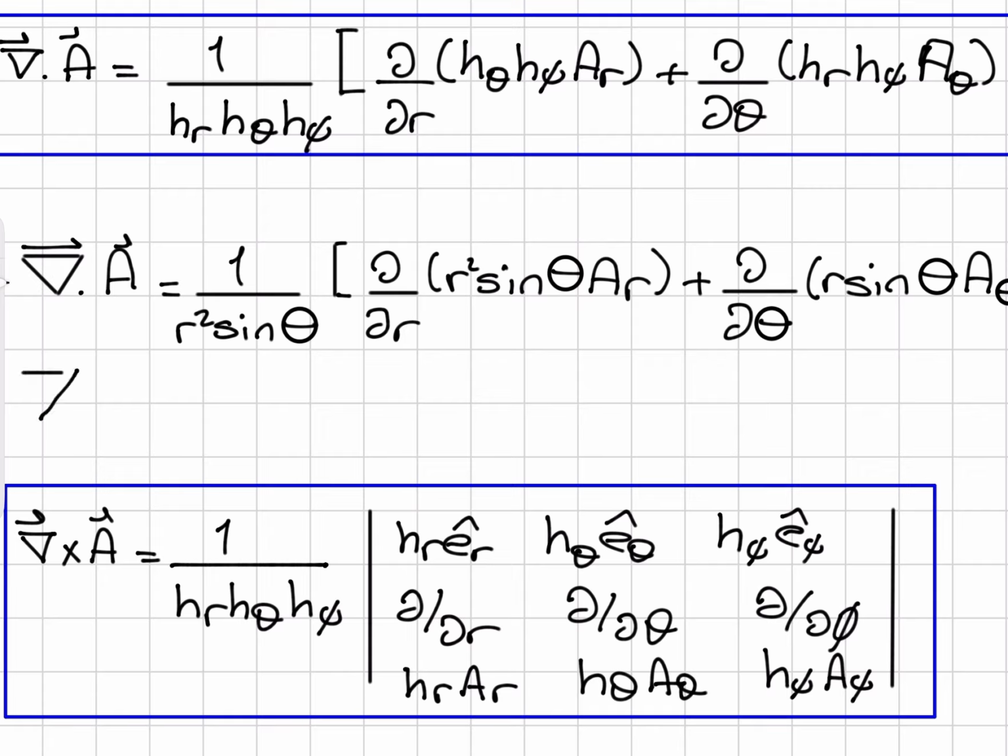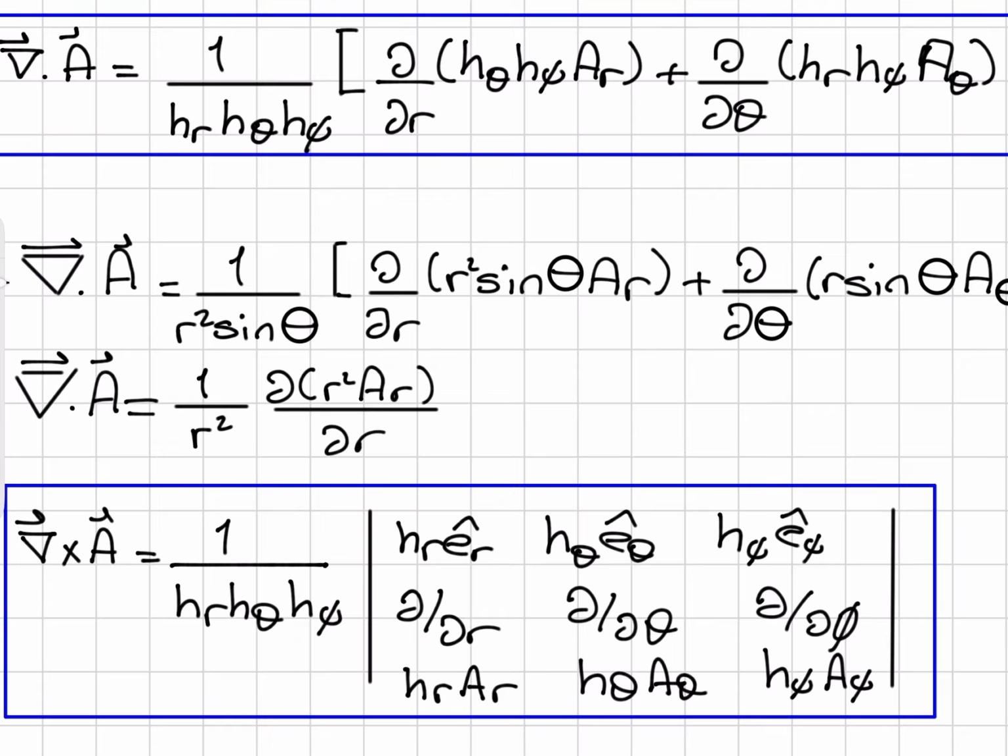divergence of A is equal to, the r derivative doesn't affect the sin theta part, so that will cancel. So I will be left with the first term, 1 over r squared ∂(r² A_r)/∂r.